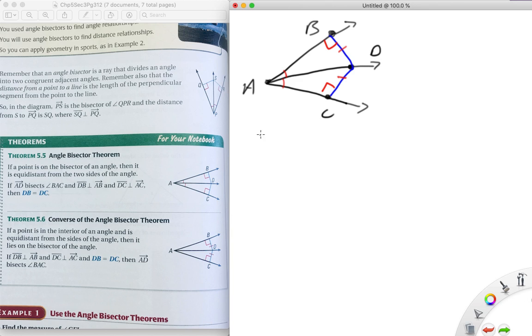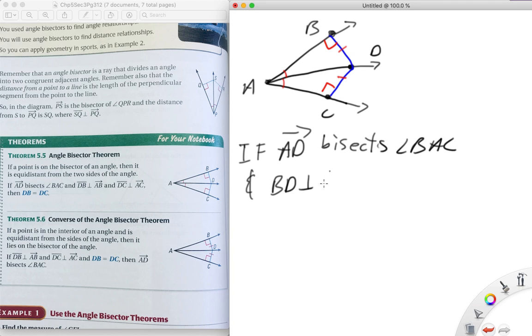So, angle bisector theorem, if AD bisects BAC and BD is perpendicular to ray AB, and DC is perpendicular to ray AC, then I have enough information to say, based off the angle bisector theorem, that BD is equal to DC.